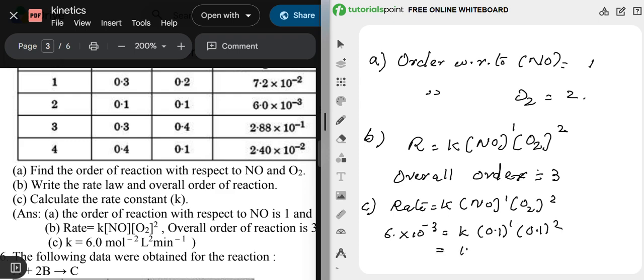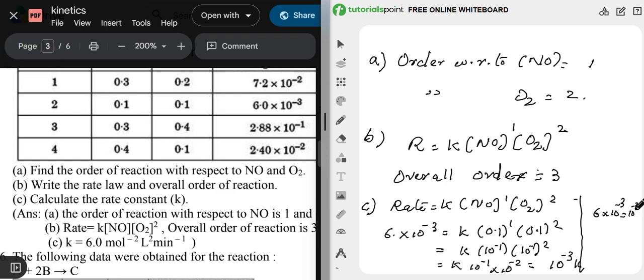Now 0.1 is 10 raised to minus 1. This is 10 raised to minus 1, the whole squared. So this will become K into 10 raised to minus 1 into 10 raised to minus 2, that is 10 raised to minus 3 K, right? So we got 6 into 10 raised to minus 3 is equal to 10 raised to minus 3 K. Therefore K is 6.